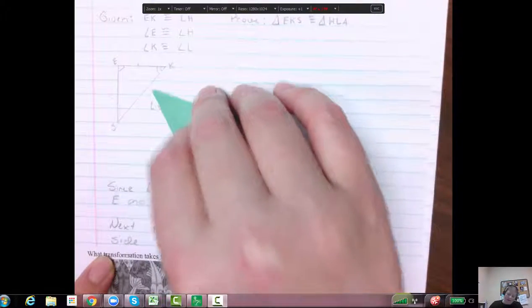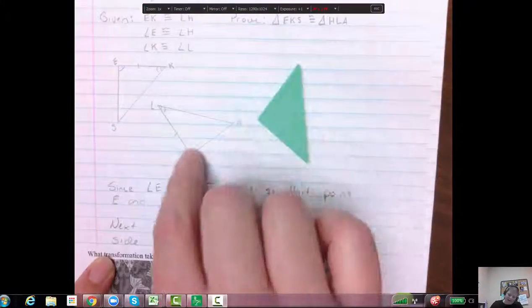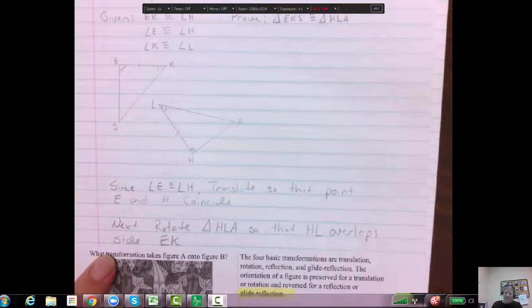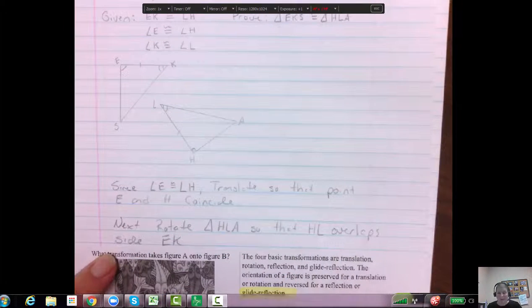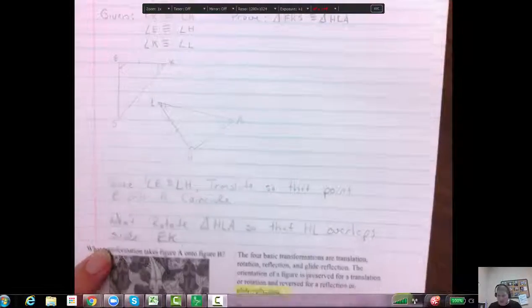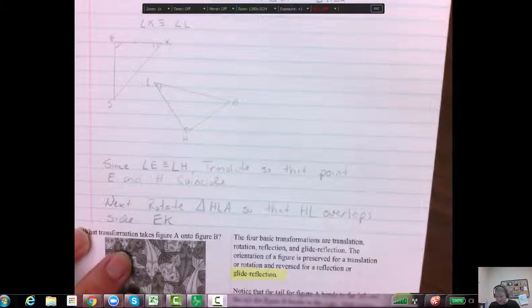So I'm like, okay, move it up, and I'm going to make sure the congruent sides HL, that's this one, and EK line up. Okay? So that's kind of the idea. So you have to look at it and visualize how you get from one to the other, and that's kind of the harder part. And each problem is a little bit different.